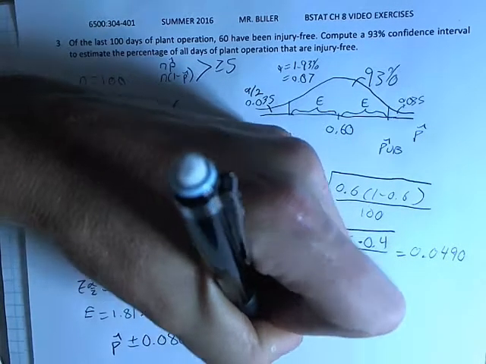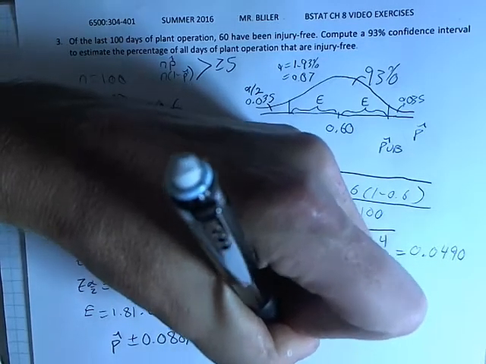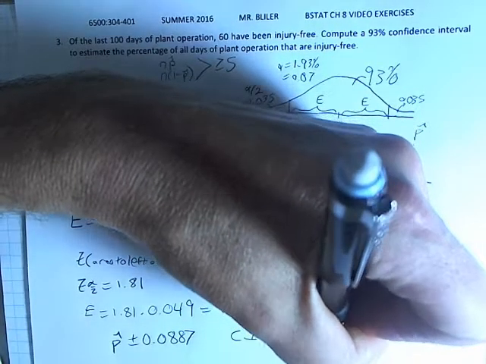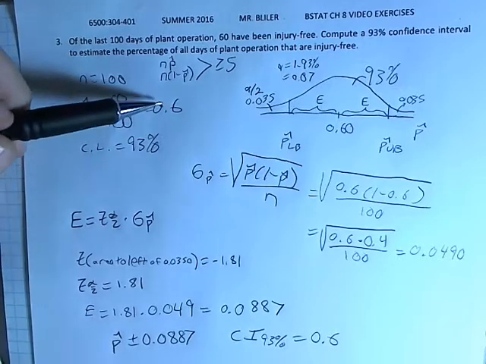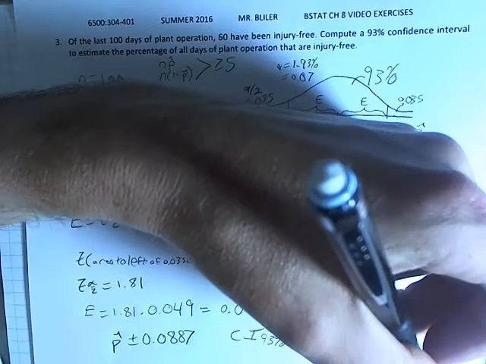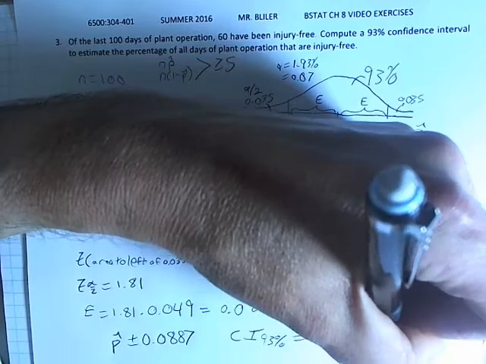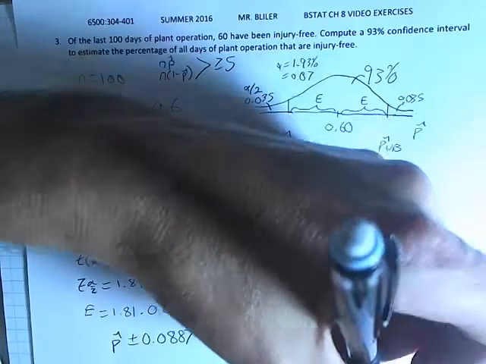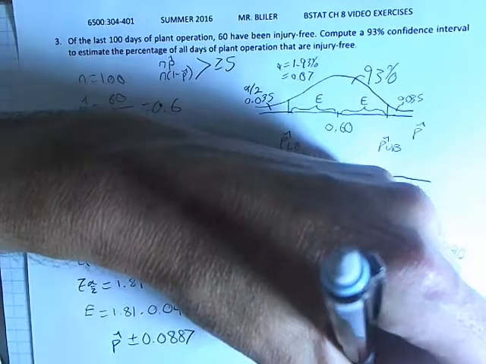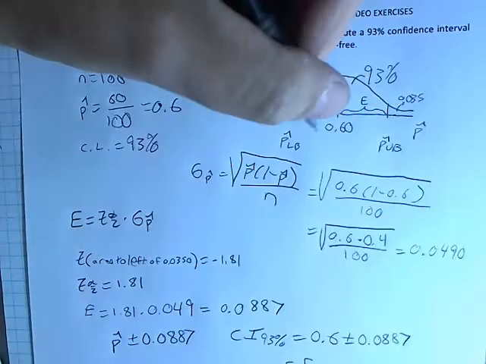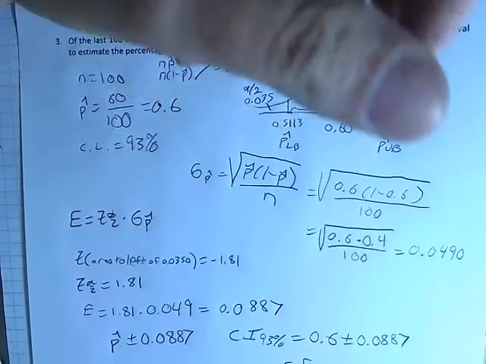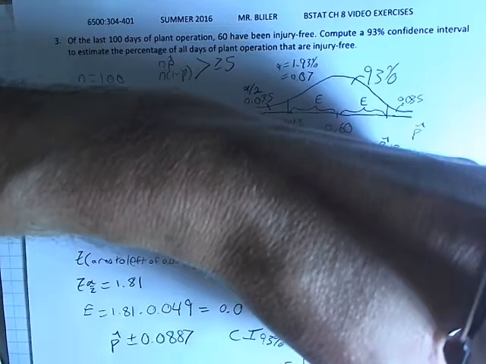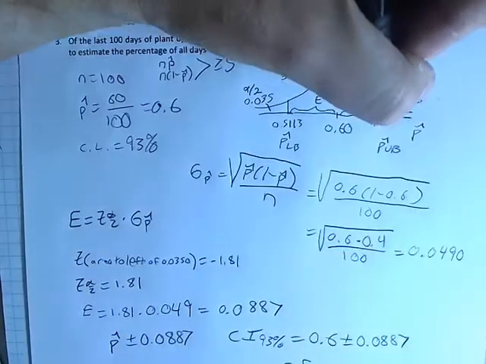So the confidence interval at 93% for this question is equal to 60%, which is our sample proportion of success, subtracted and added with 8.87%, and that's going to give us a final confidence interval of 51.13% as a lower boundary, and the corresponding upper boundary is 68.87%.